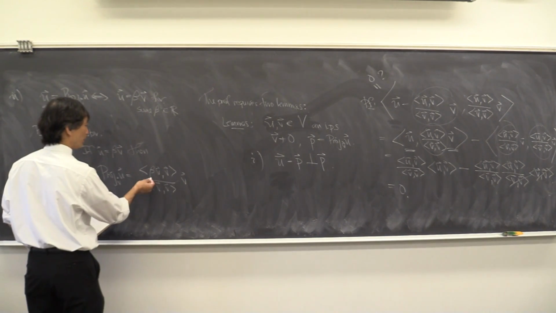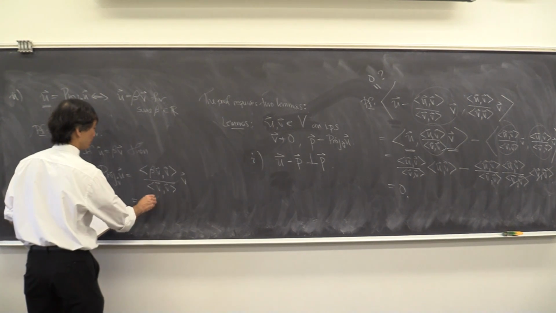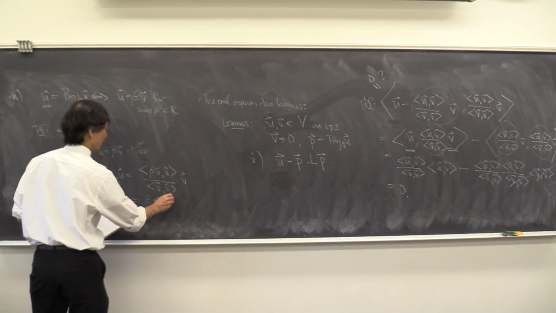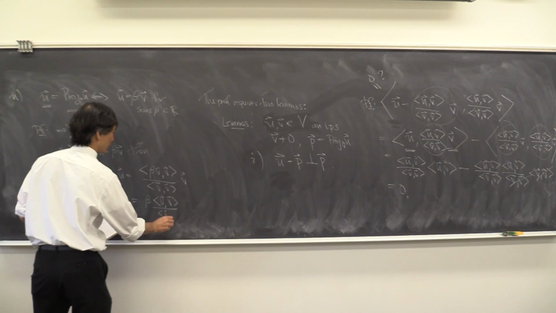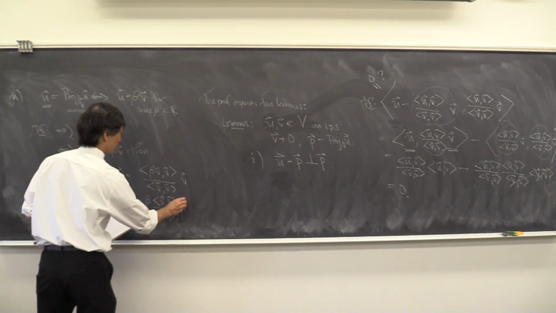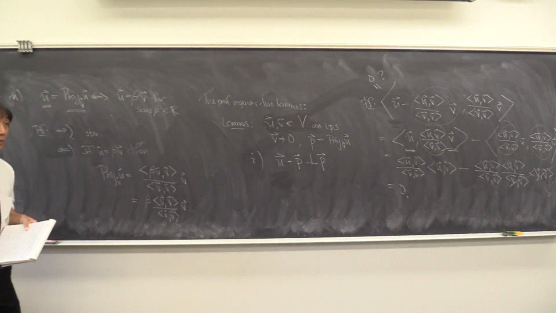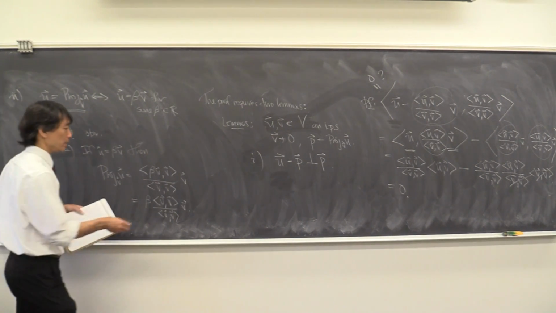But we can pull that beta out, and you see that we just have 1 left over. And so we get beta v.